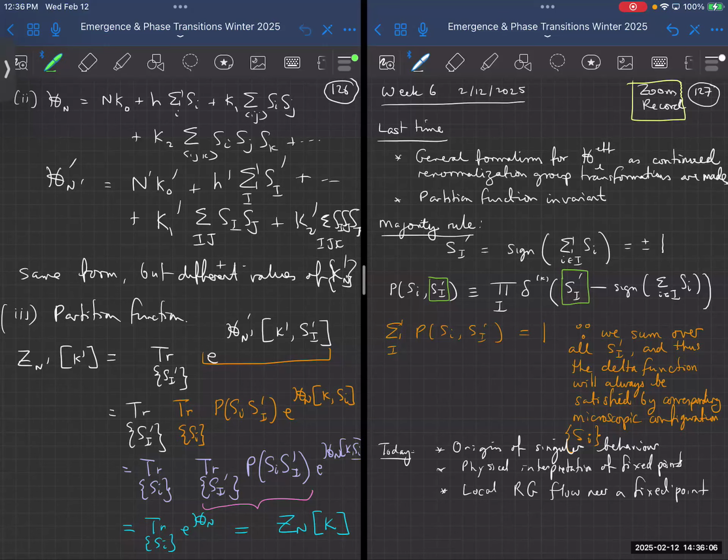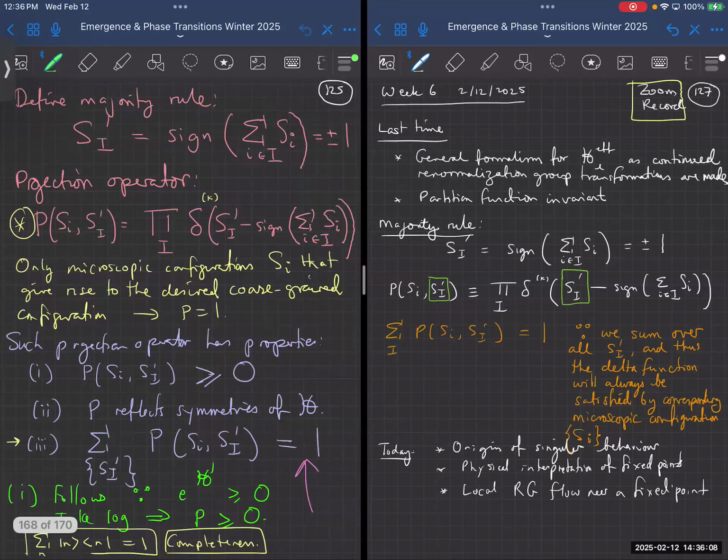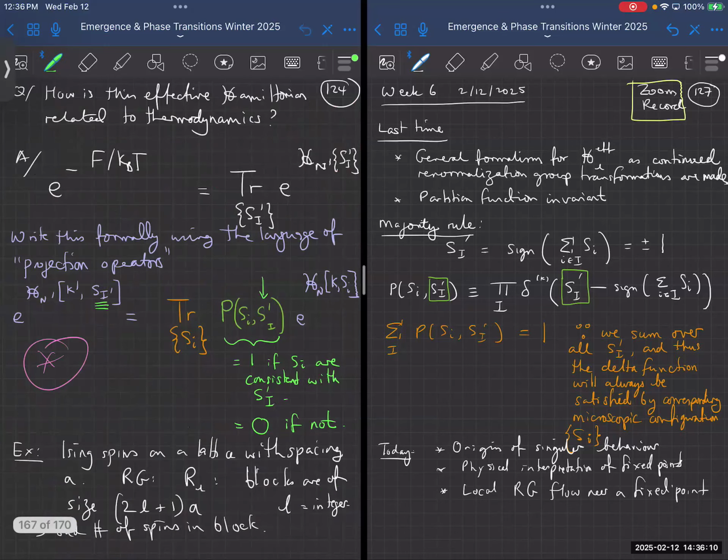And to do that, what we had done was we had written down a formalism where, if you look here on the screen on the left, we had our original Hamiltonian in terms of microscopic variables S_i. We introduced a projection operator that would have the following properties.